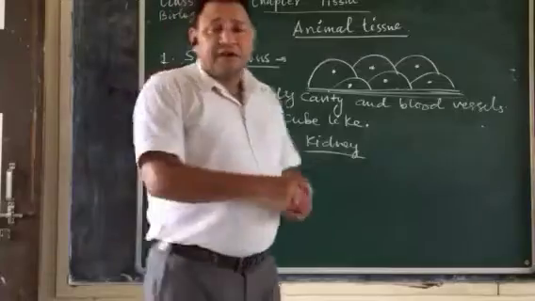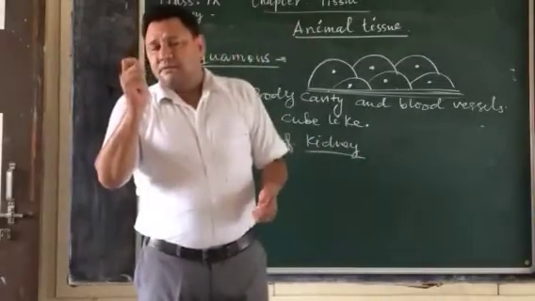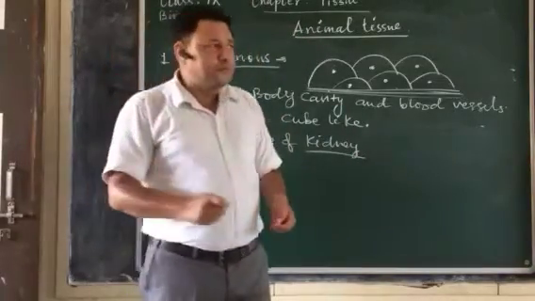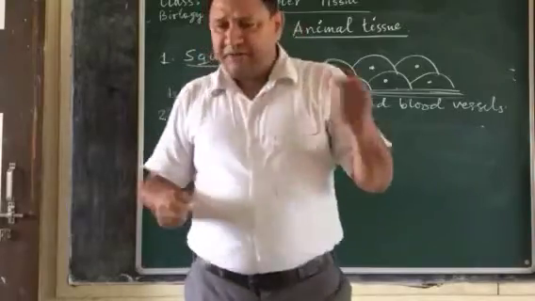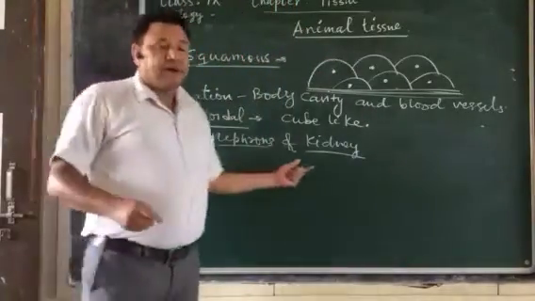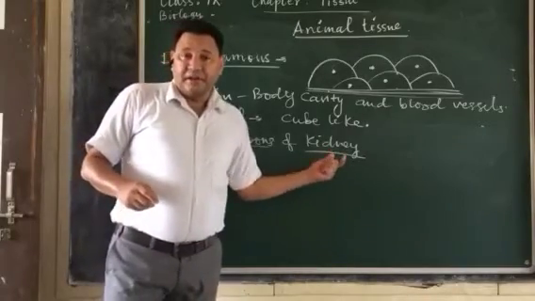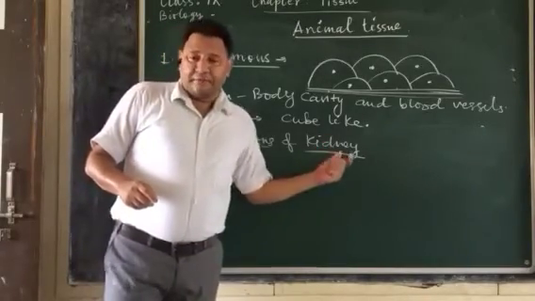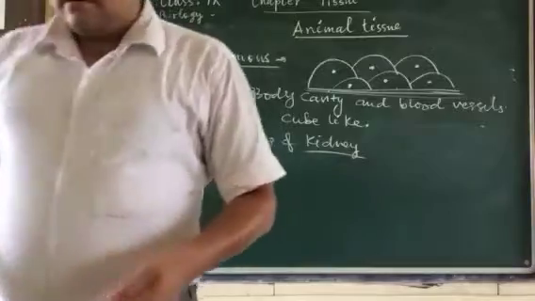You know, kidney is made up of several small type of tubules. These tubules are called as nephrons. So they are present on the nephrons of the kidney.